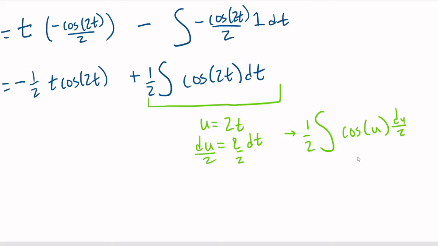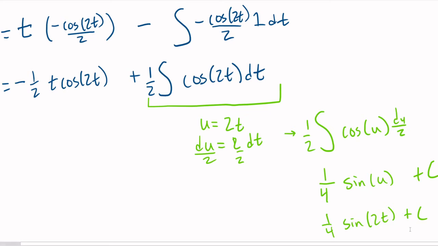Okay, what's this one? Antiderivative of cosine is sine. 1/4, because the 2 and the 2. Sine u plus c. Okay, and then your u gets replaced with 2t. Sine 2t plus c.